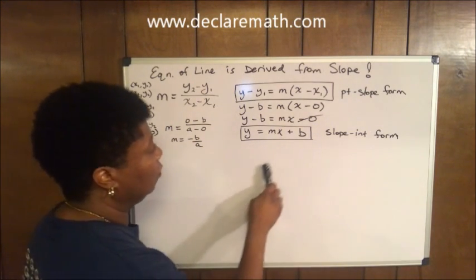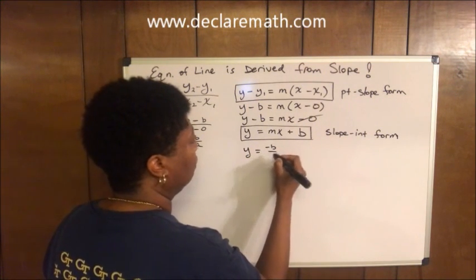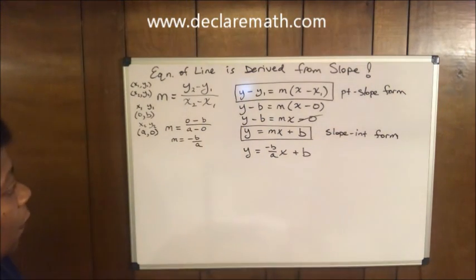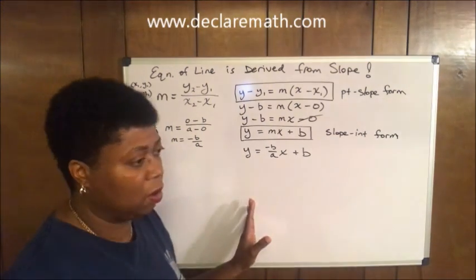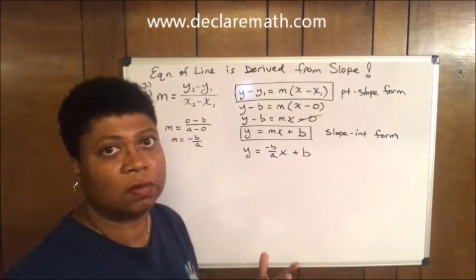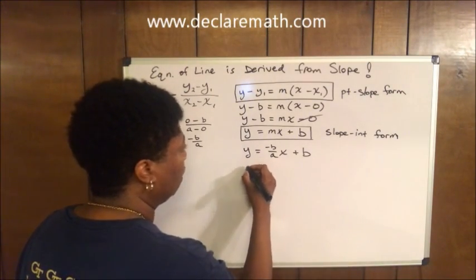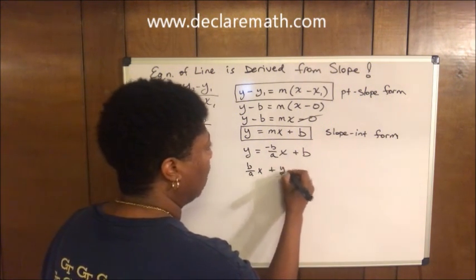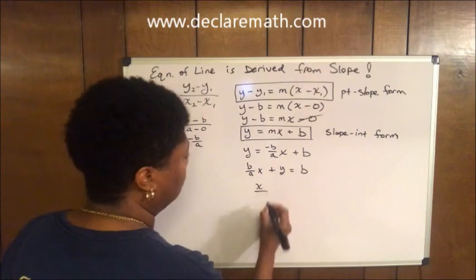Now, if we take this, plug in here, y equals negative b over a x plus b. And our goal is to get both x and y on one side of the equation. That's just how they have that equation. So in this case we'll have b over a x plus y equals b.